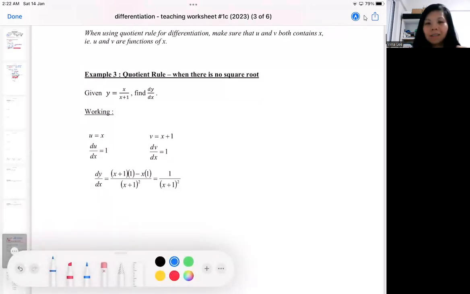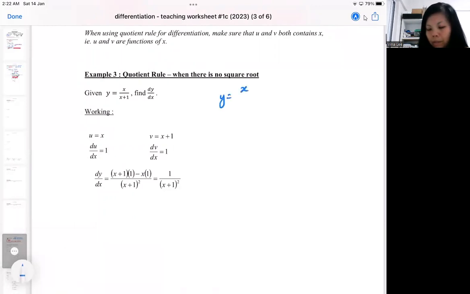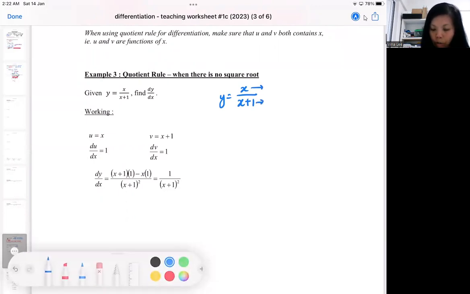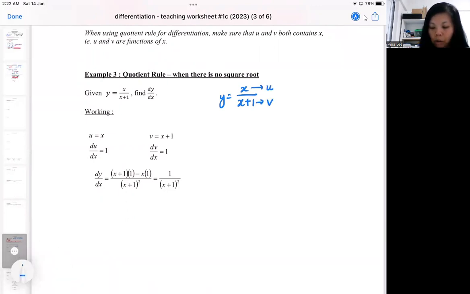It can be quite fast, and if you are very used to it, it can end up quite mental. The numerator contains x. The denominator also contains x. So the numerator is u, the denominator is v. It looks like I'm doing my normal mini differentiation.